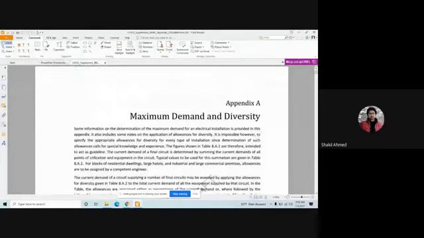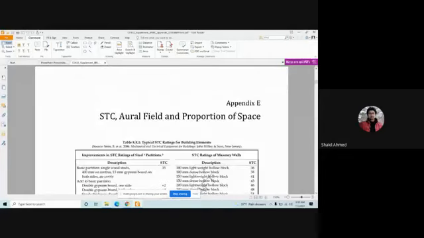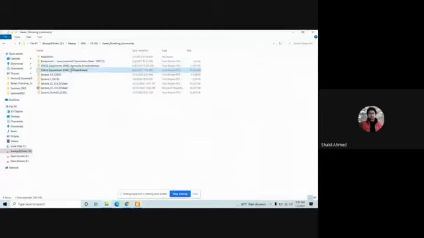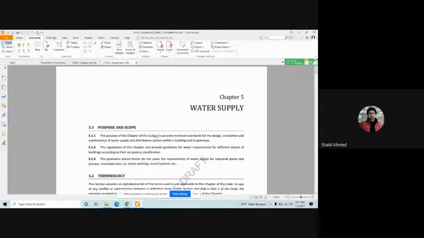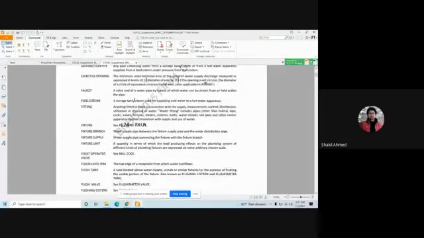This is maximum demand. This document is from BNBC, Bangladesh National Building Code. The recent one is 2020, but I'm using 2015 maybe.